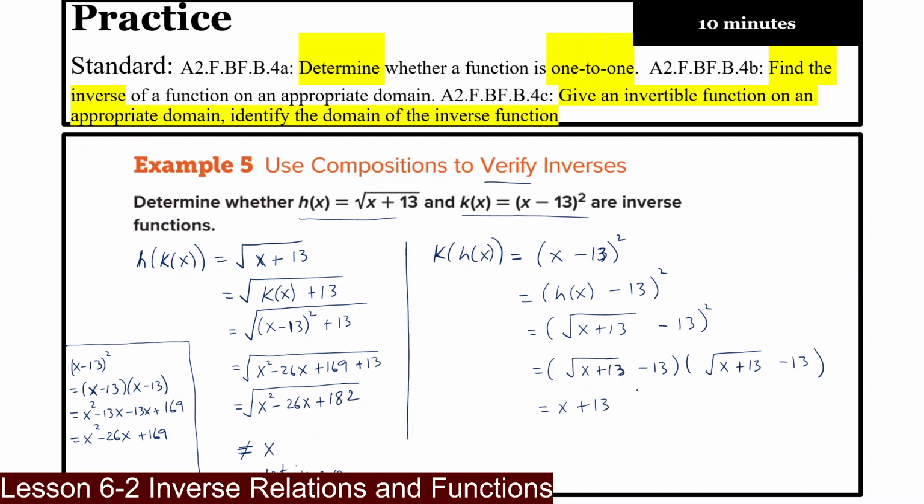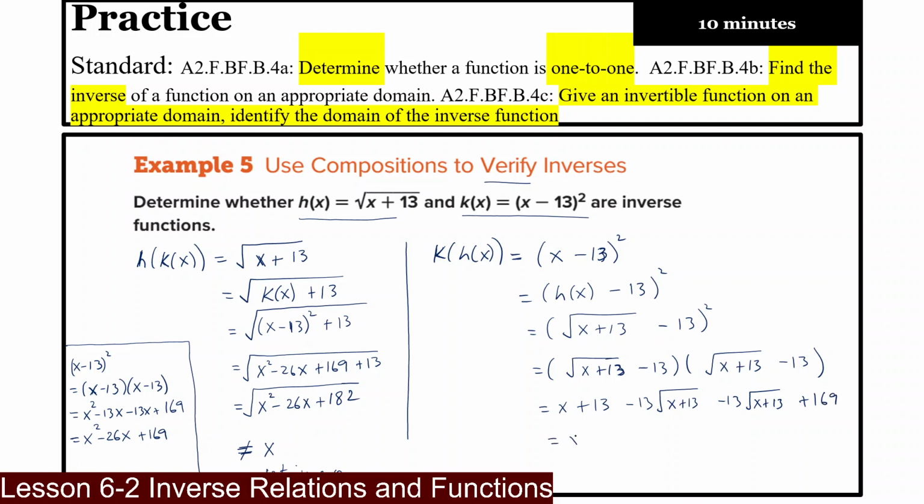Okay, so square root of x plus 13 times square root of x plus 13 gives me x plus 13. The square root goes away, because when you multiply two square roots, the square root goes away. Perfect. Square root of x plus 13 times negative 13 gives me minus 13 square root of x plus 13. Again, minus 13 times square root of x plus 13 gives me minus 13 square root of x plus 13. And negative 13 times negative 13, we already know that's going to equal positive 169.